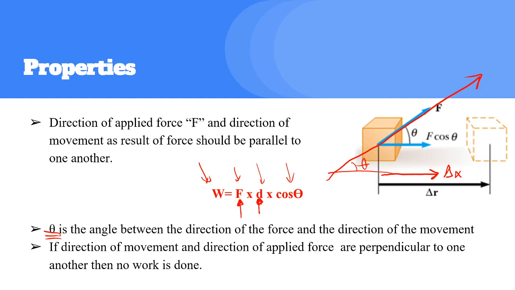So as you can see, the displacement and the force vectors are not in the same direction. So in that case, that means the force that we have is not all going to be doing the work. So which force will do the work? The one that is going along with the displacement.